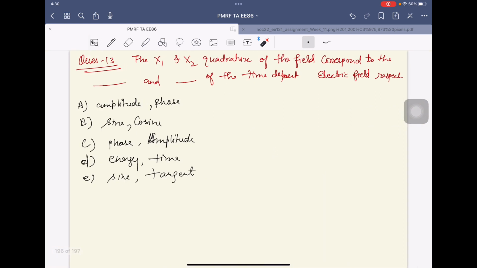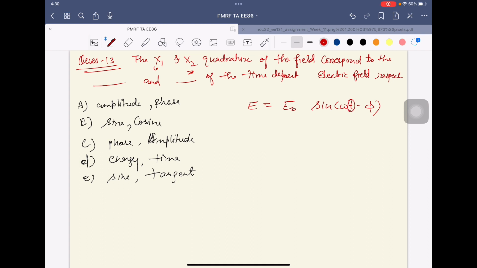Similarly, the next question is: given x1 and x2, the quadratures of the field correspond to the of the time dependent electric field respectively. So we know that the electric field will be like E0 sin(omega t minus phi), right?